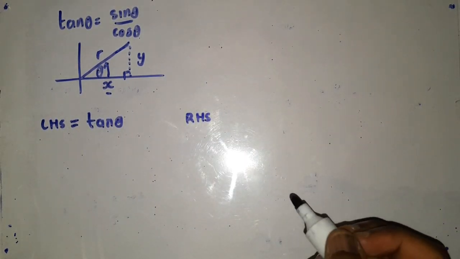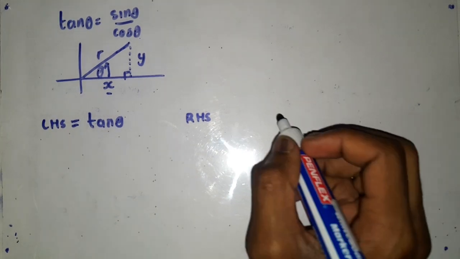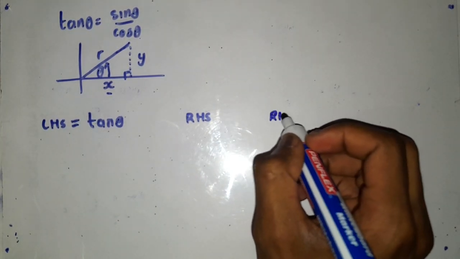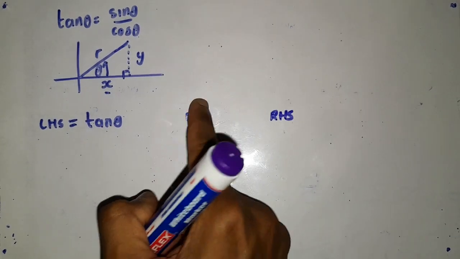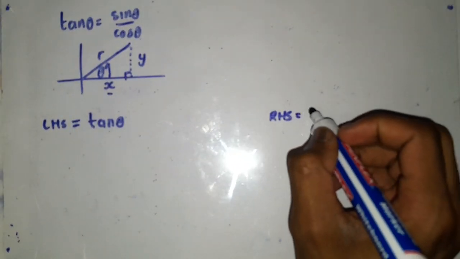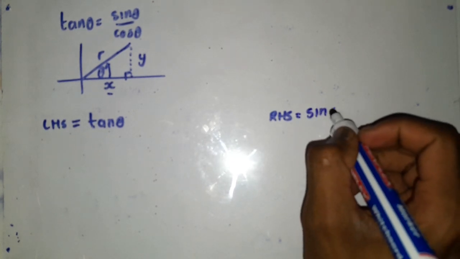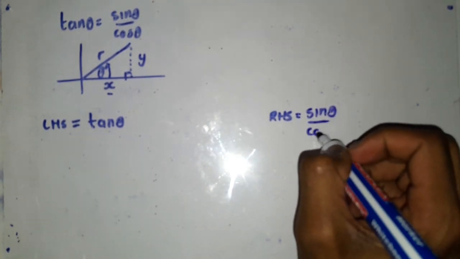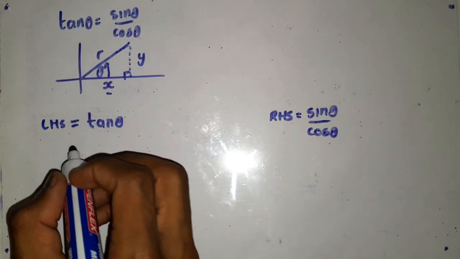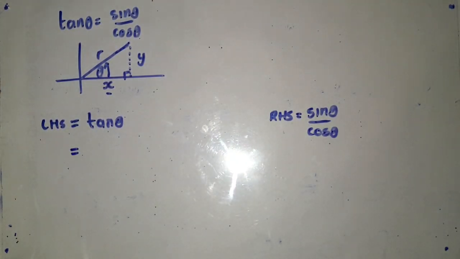Let me write it somewhere so that I could have more space. We have sine theta divided by cos theta, like this. Using this diagram is so simple.